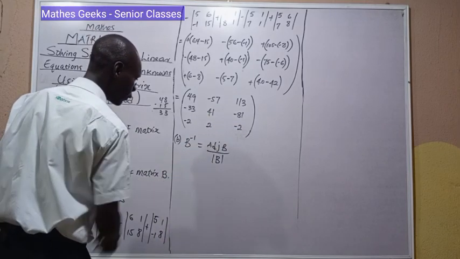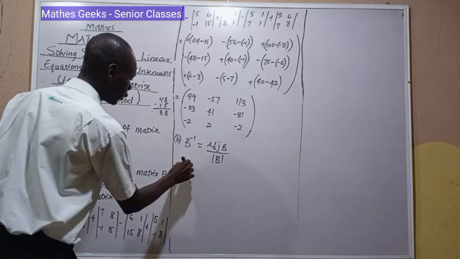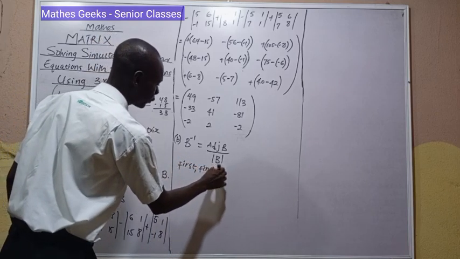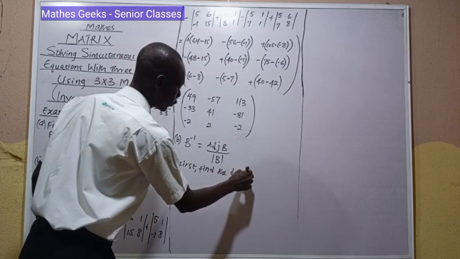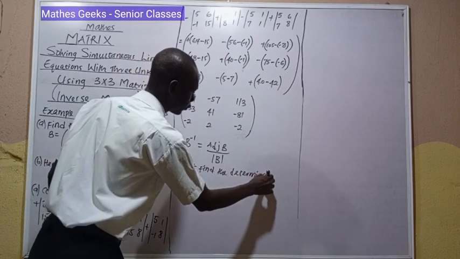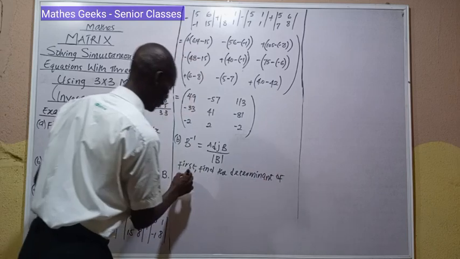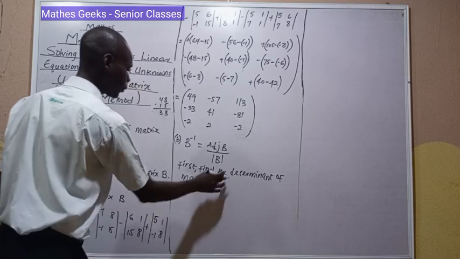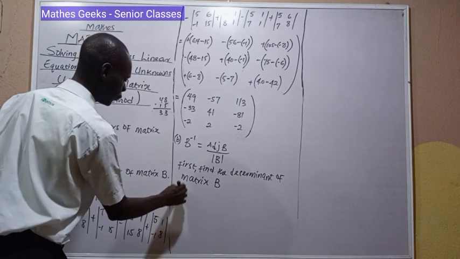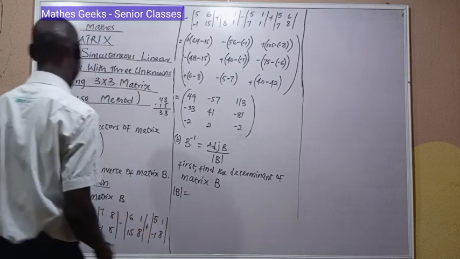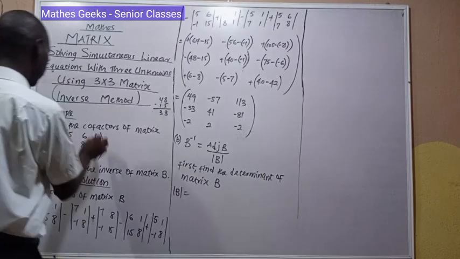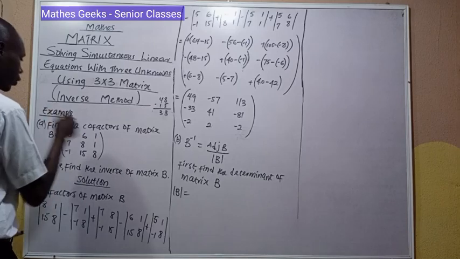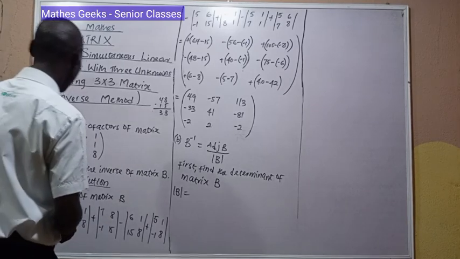So first, let's find the determinant of matrix B. For the determinant of matrix B, we're going to factor out along a row, because we're going to use the row to determine the determinant.